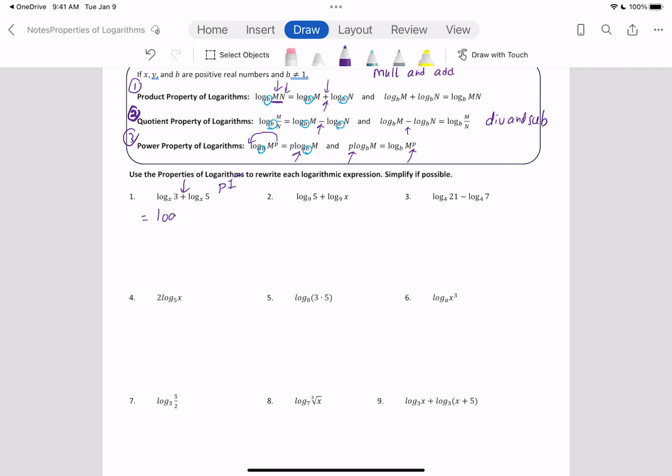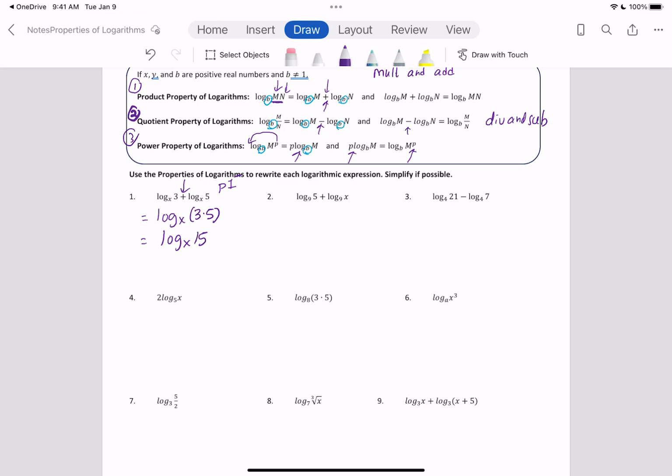So we will need the log base x that they share. And then 3 is my m and 5 is my n, right? So this is going to be 3 times 5. And then what I mean by simplify is we know that 3 times 5 is 15. So the answer to this is just log base x of 15.